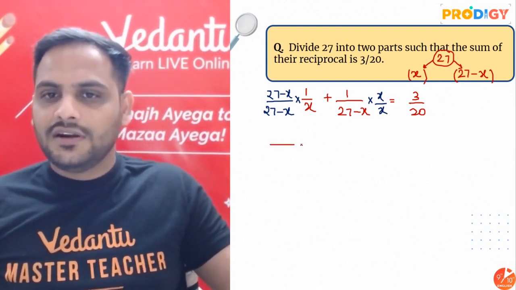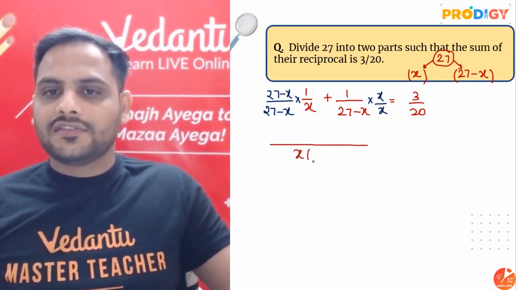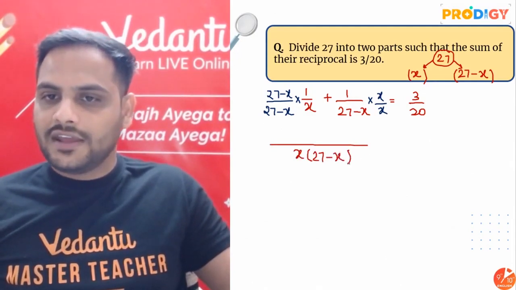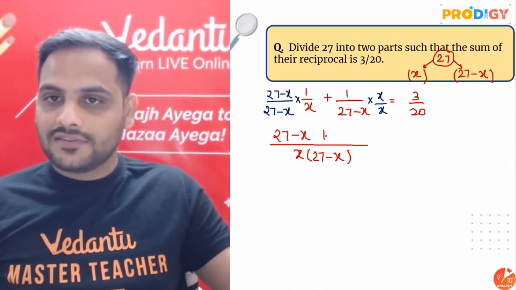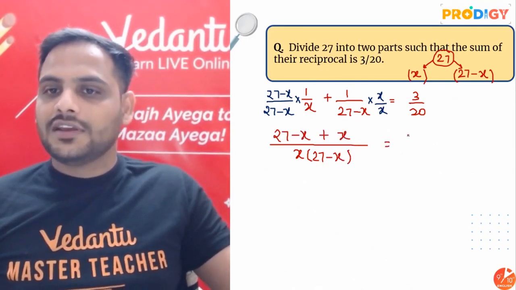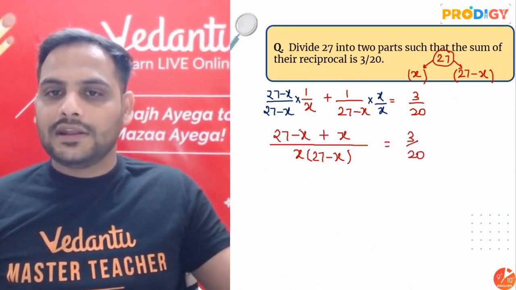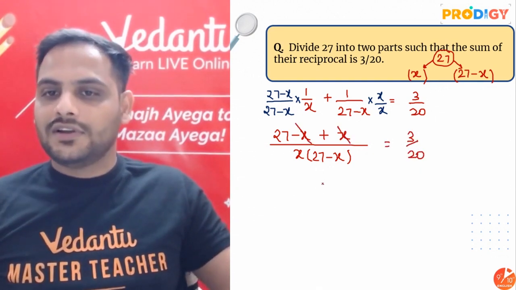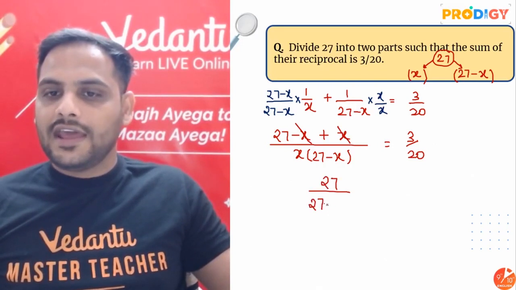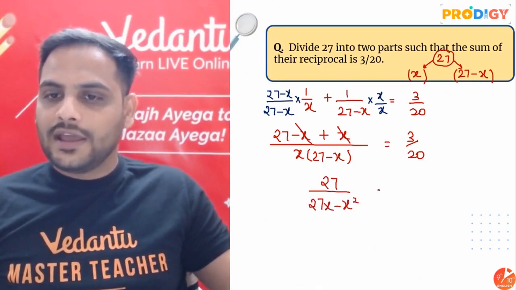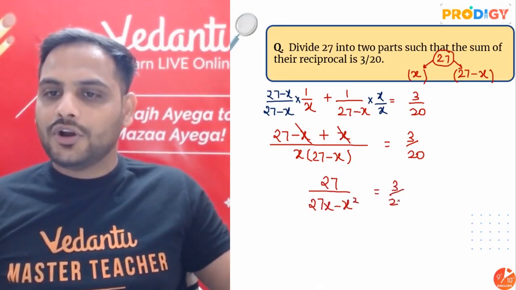Denominator is x into 27 minus x, and numerator is 27 minus x into 1, which is 27 minus x, plus 1 into x, which is plus x, equal to 3 by 20. Minus x plus x got cancelled. We are left with 27 upon 27x minus x square is equal to 3 upon 20.